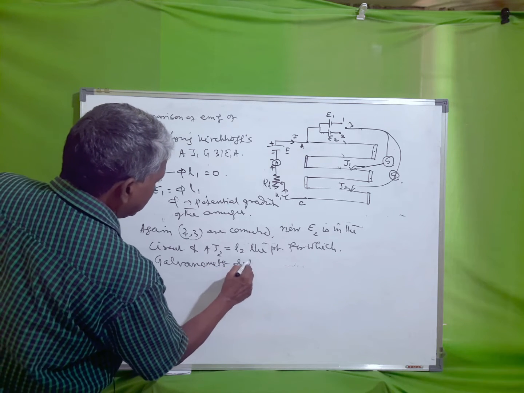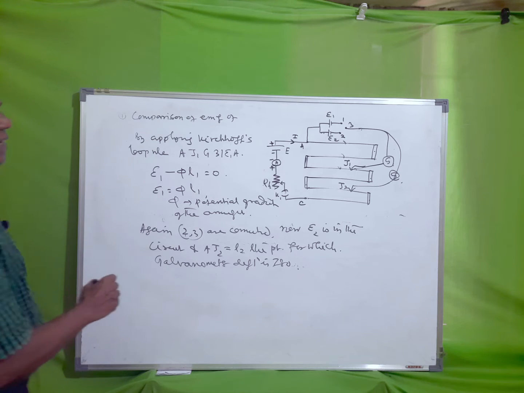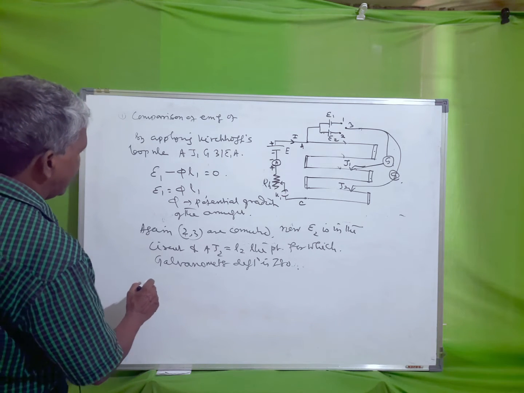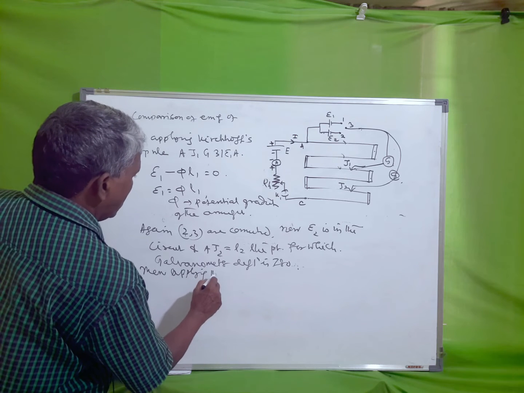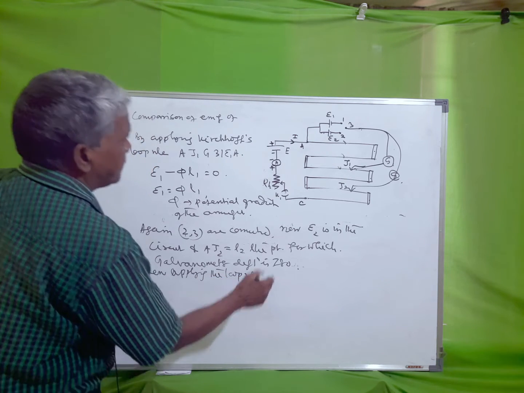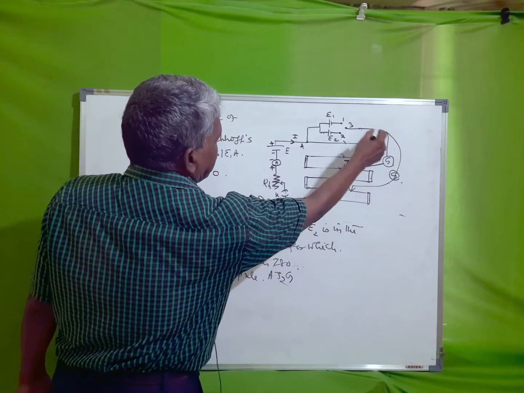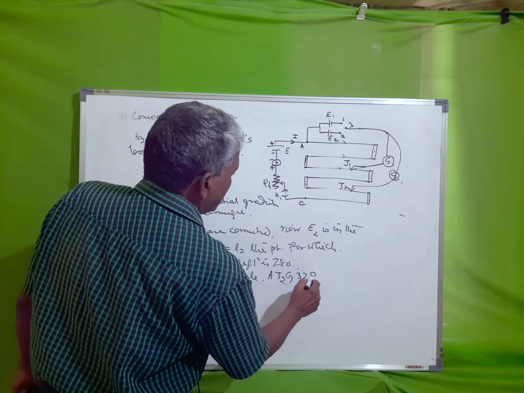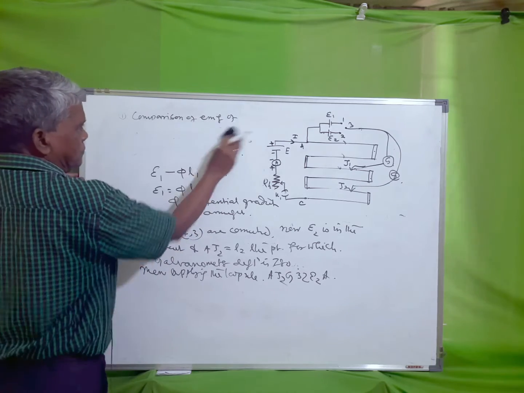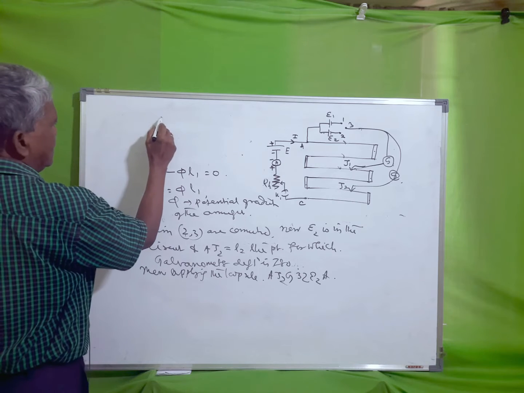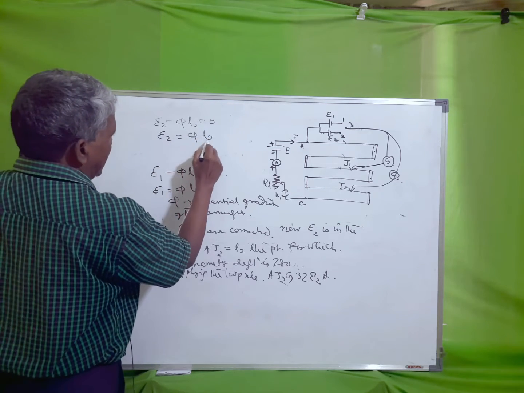Then applying Kirchhoff's second rule, the loop rule, across A J2 G E2 A, here E2 minus phi L2 is 0, or E2 is equal to phi L2.